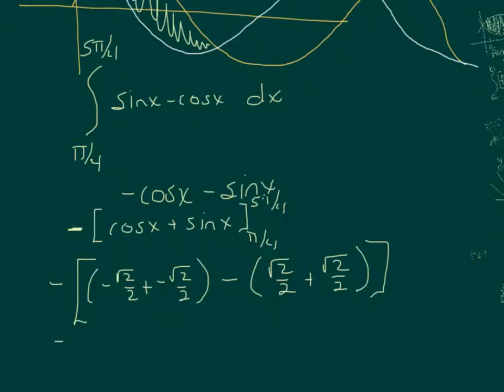So here we have the opposite of negative 2 square roots of 2 over 2 minus 2 square roots of 2 over 2, which is the opposite of negative 2 square roots of 2, which is 2 square roots of 2.